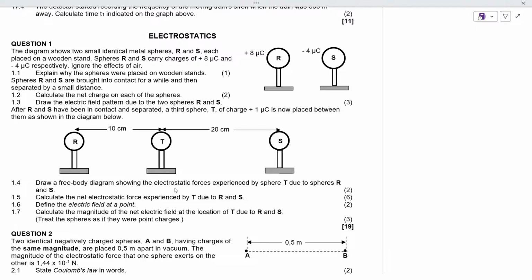Ignore the effect of air. Okay, so it's microcoulomb.